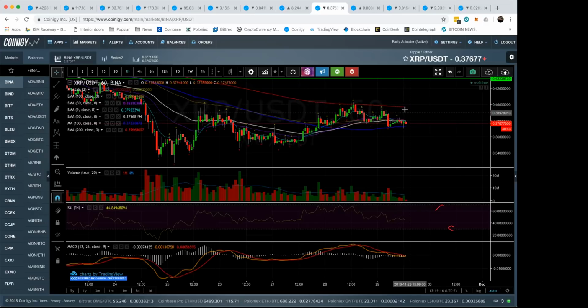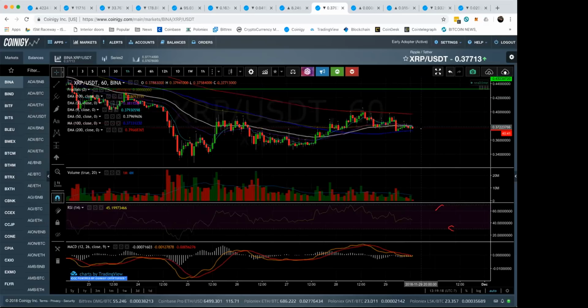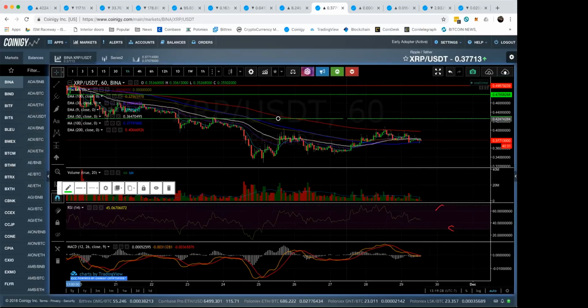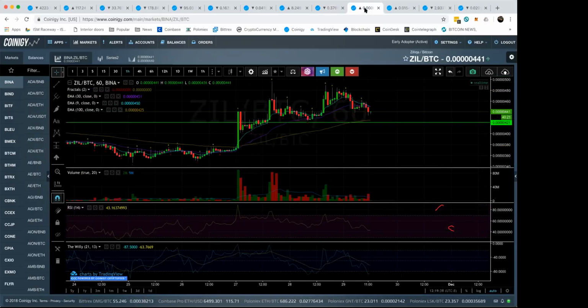But if we can break through the 200, we might see a nice run on XRP. The next target for XRP, if we do crack the 200, would be this area here, our next resistance, at about 42 cents. So we'll keep an eye on that and see how that works out.